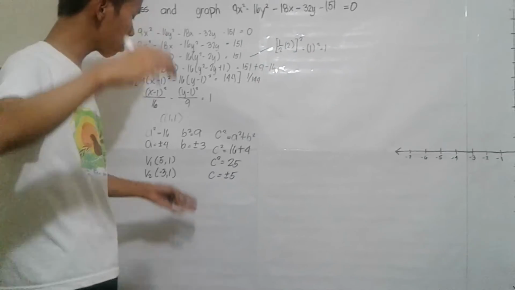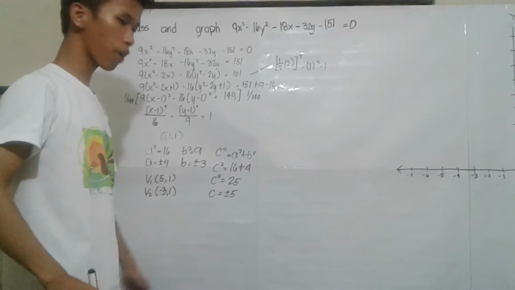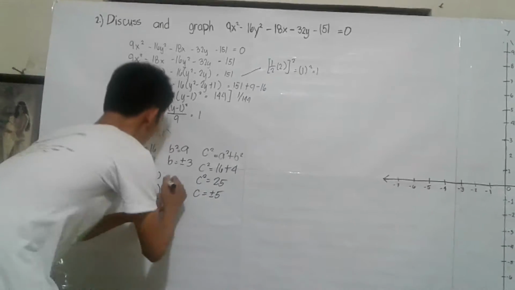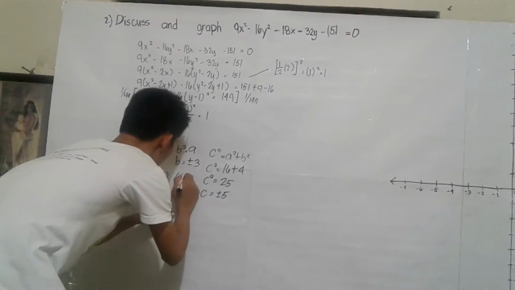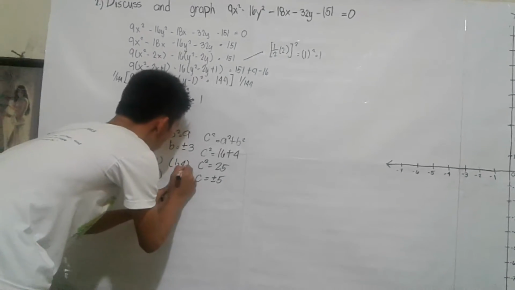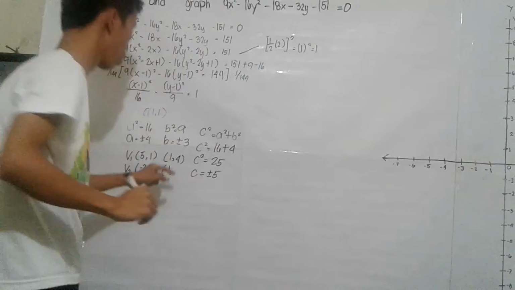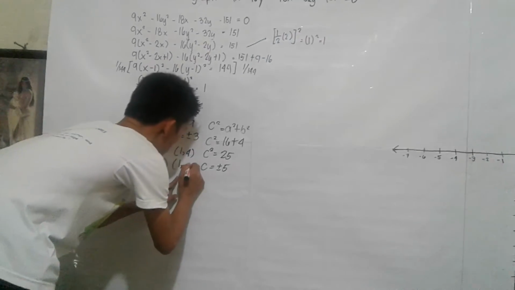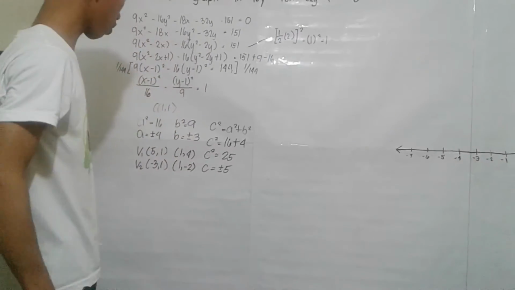Then our points of our conjugate axis, which is the 1. So 3 plus 1 is 4, and 3 minus 1 is negative 2.